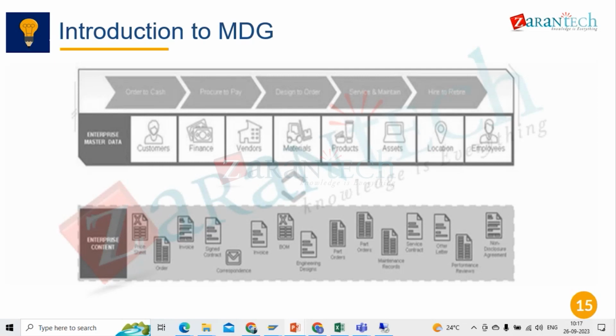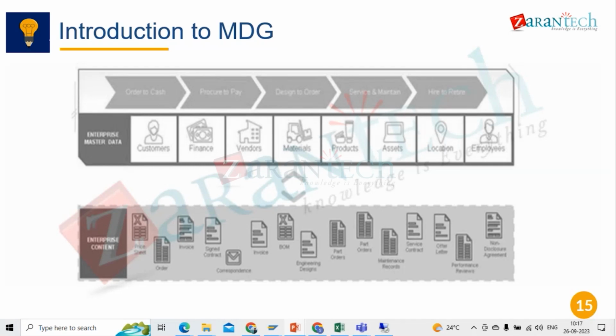Master data governance is a solution that enables business to easily manage their master data and transfer it to the source data in the most optimized way. It is an integrated solution designed to help manage master data across your businesses.